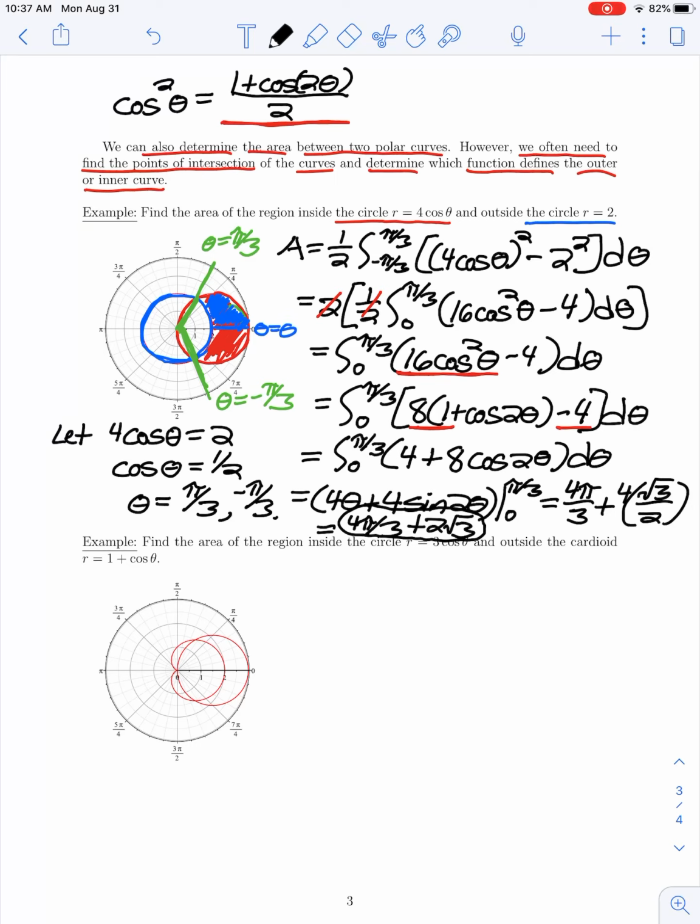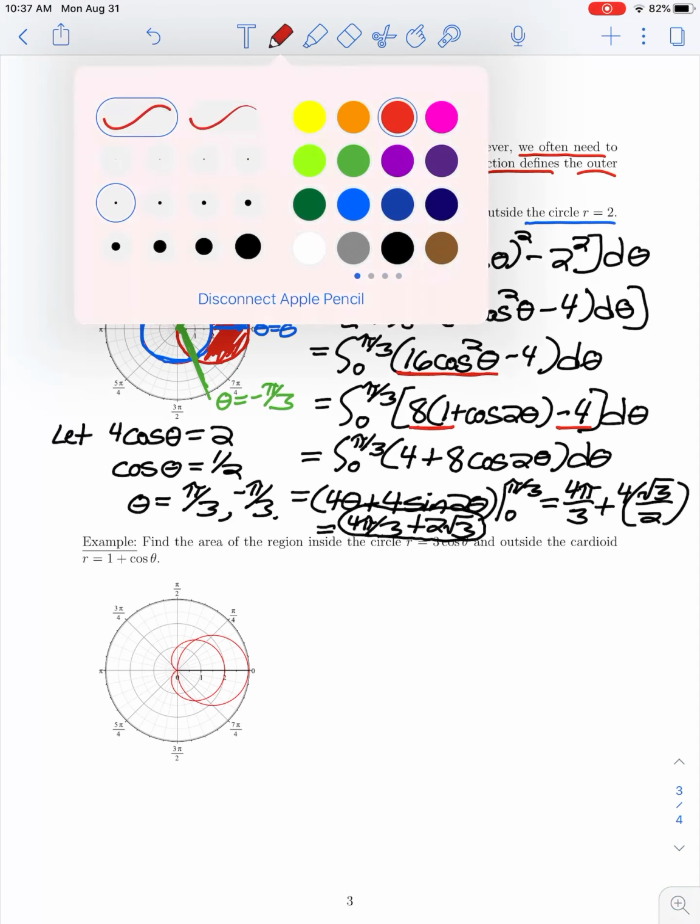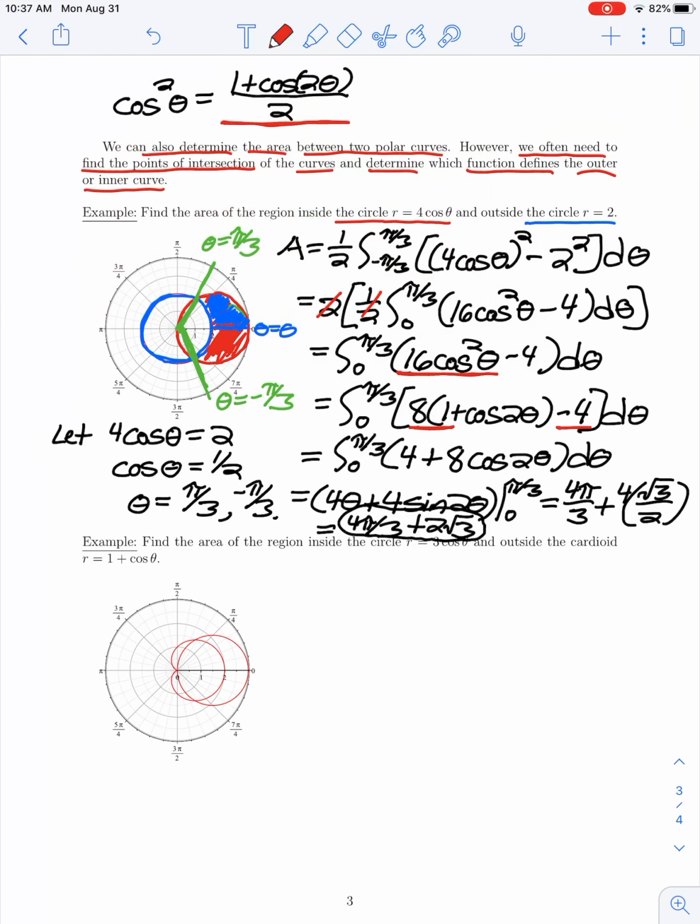Okay. So let's look at another one where we're finding the area of a region between two polar curves. So in this next example, we want the area of the region inside the circle r equals 3 cosine of theta, which in our figure is shown here.